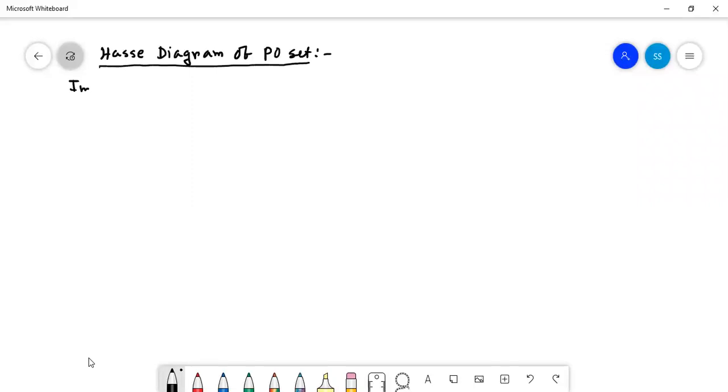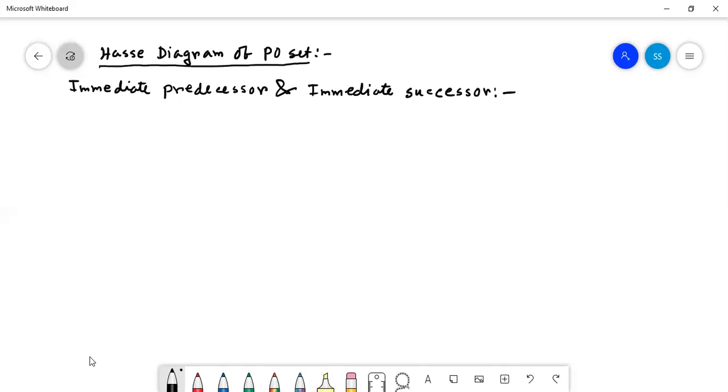The rule involves the immediate predecessor and immediate successor. Let this be a POSET.